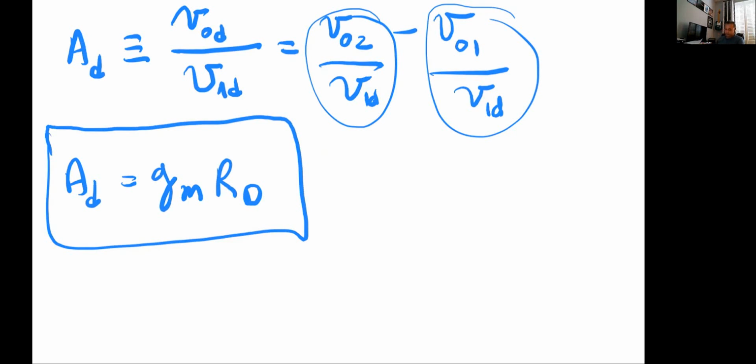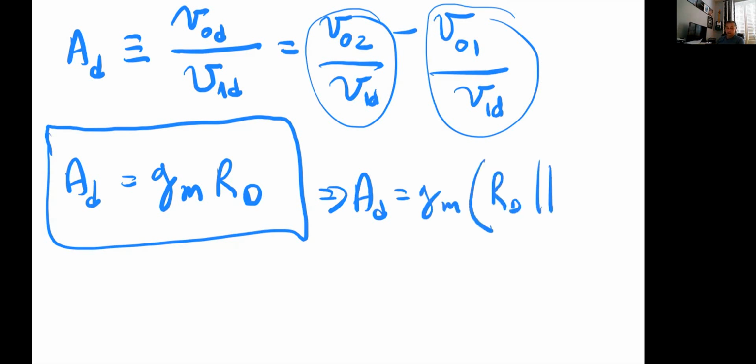And then if we wanted to include the effects of the output resistance of the transistors, then just like for the single transistor common source, this can be expanded to GM times RD in parallel with the output resistance of the transistor.